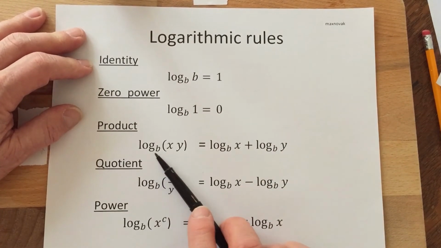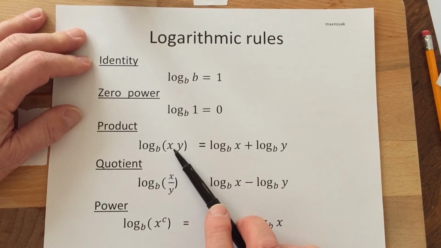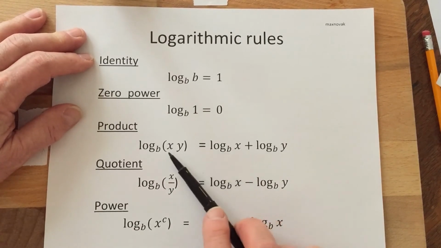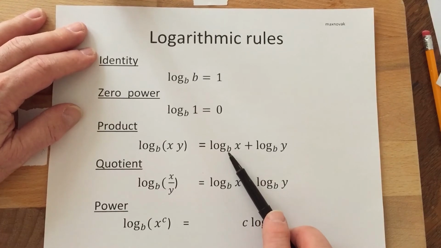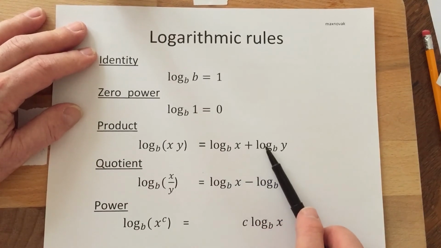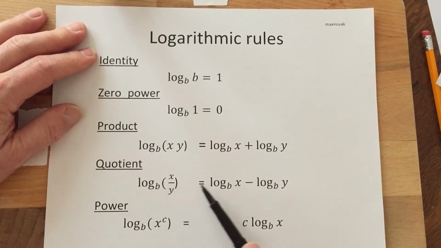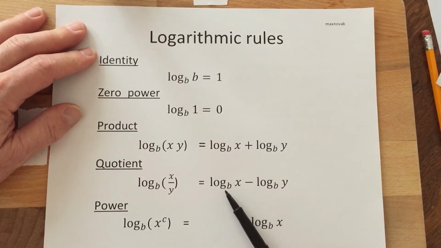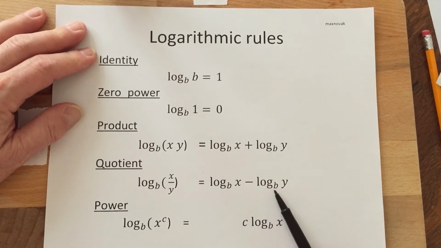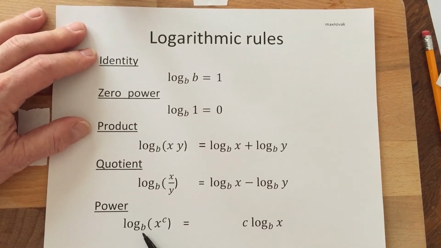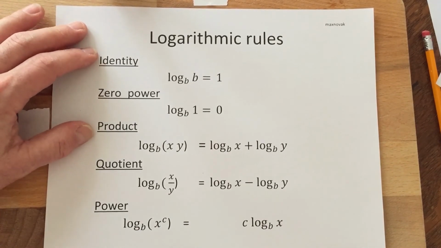If we have the log of a product, the log of the product equals the sum of the logs of the individual items. The log of a quotient equals the difference, the log of the numerator minus the log of the denominator. And log base b of some number raised to a power is that power times the log of the number that's being raised to the power.